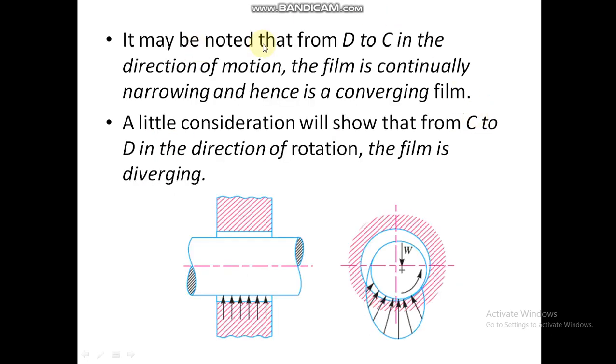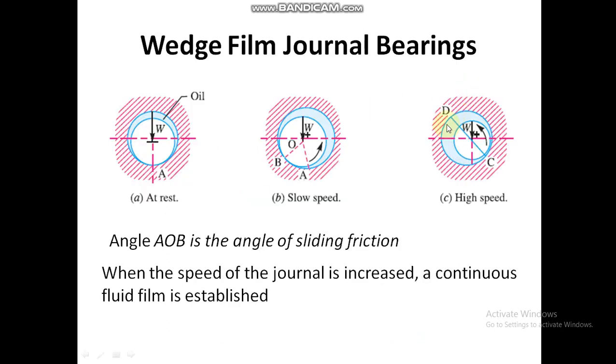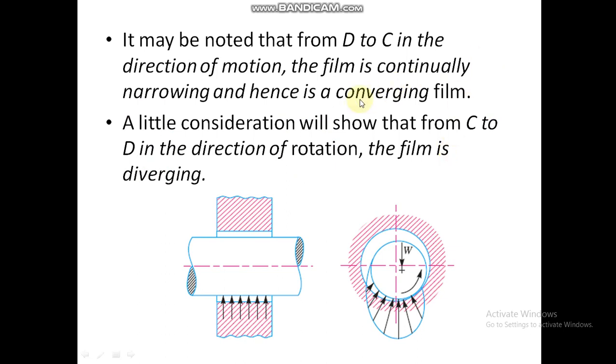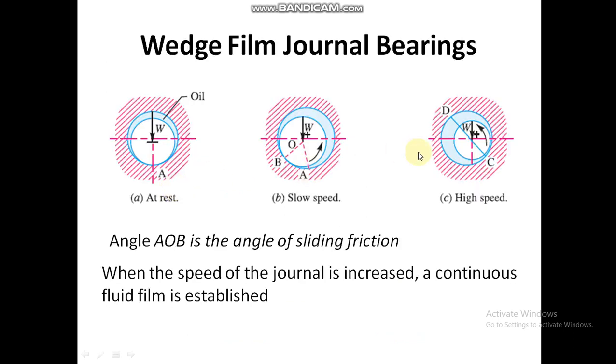It may be noted that from D to C in the direction of motion, the film is continually narrowing, hence a converging film. From C to D in the direction of rotation, the film is diverging.